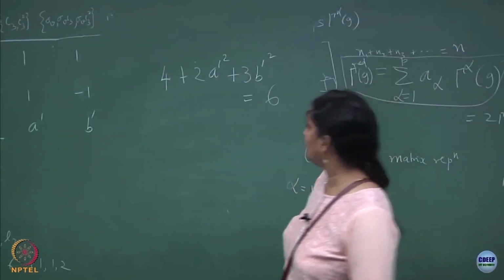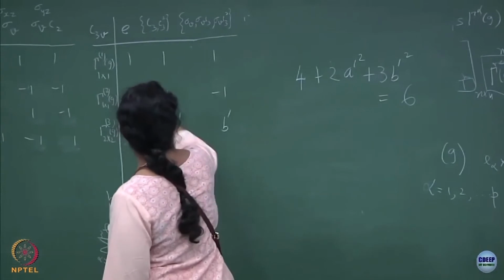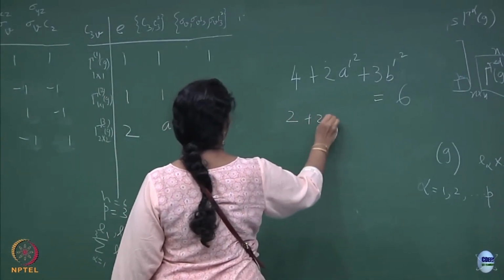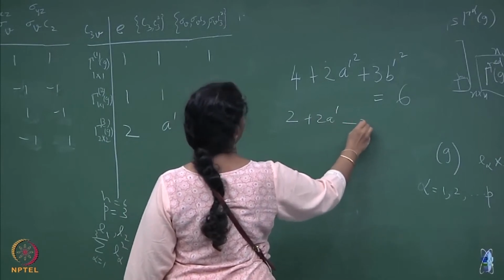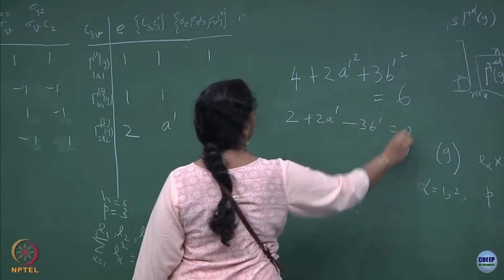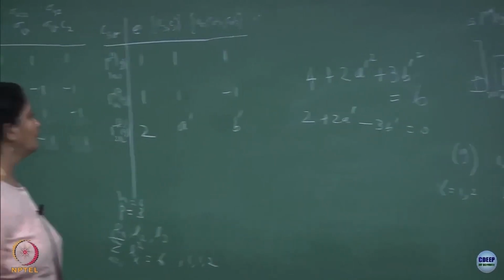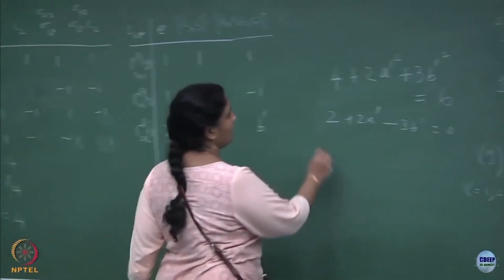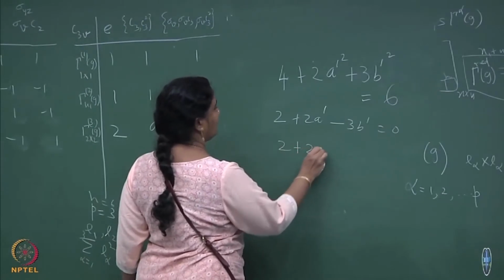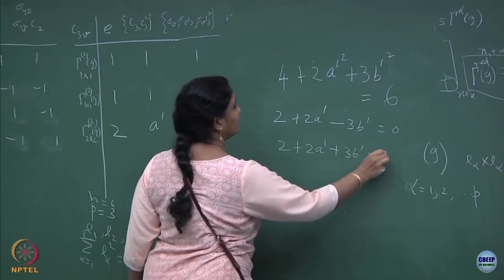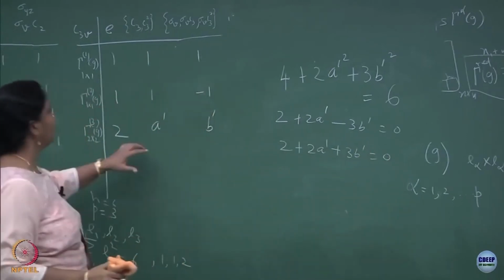And what is the next condition? I could just play around with this, 2 plus 2a prime minus 3b prime has to be 0. One more you can write, 2 plus 2a prime plus 3b prime has to be 0, by multiplying this with this.